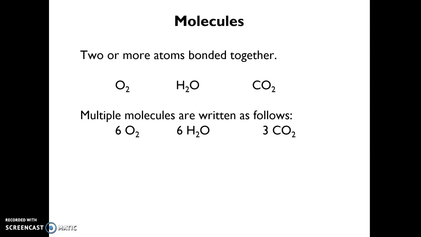Okay, now we move up to the next level. When we write equations that represent chemical reactions, there are often multiple molecules involved. So it may not be 1 oxygen, 1 water, 1 carbon dioxide.